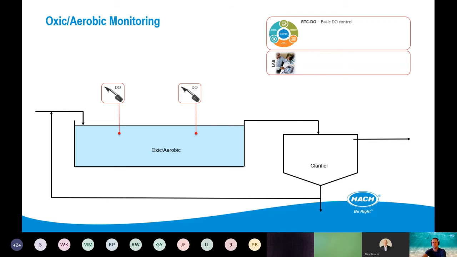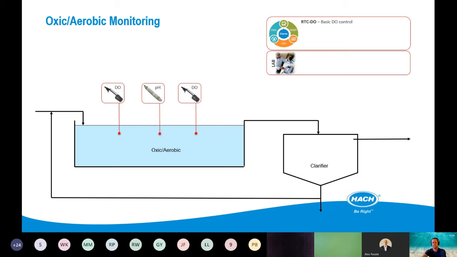And so when we're talking about dissolved oxygen, there are a number of different ways that we can control it and use that data. These dissolved oxygen probes can be used to stage blowers on and off and turn the speed of blowers up and down.